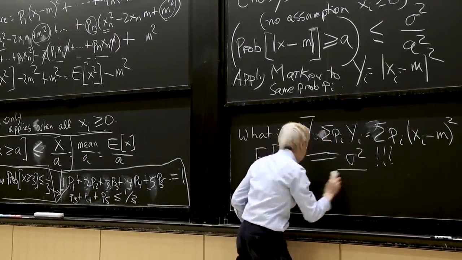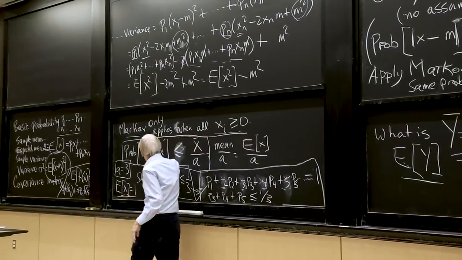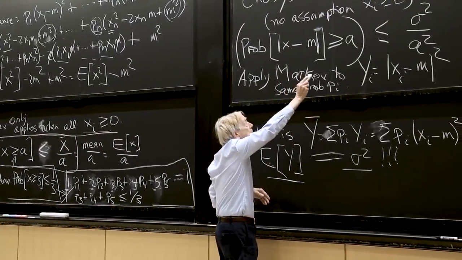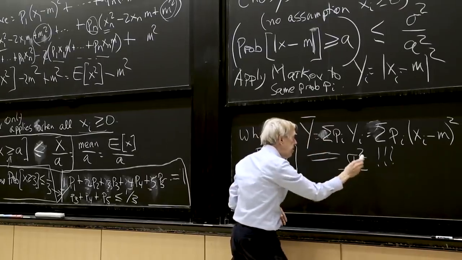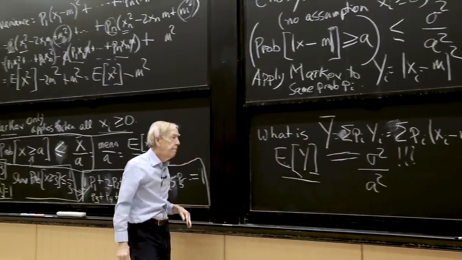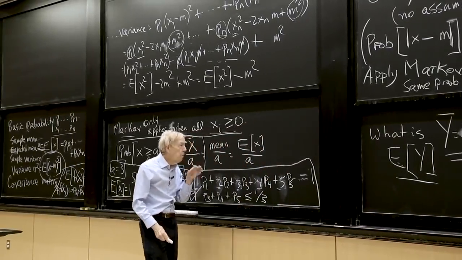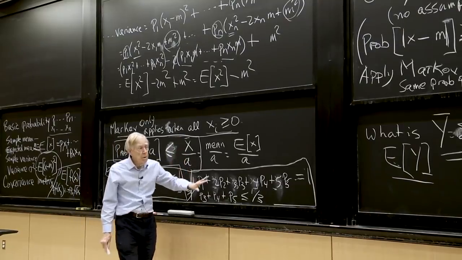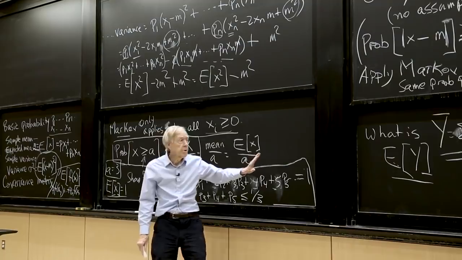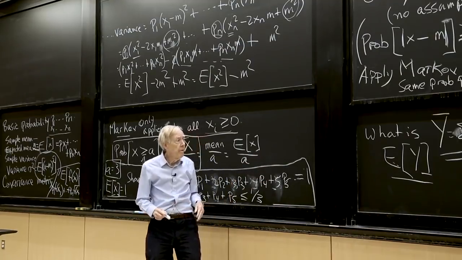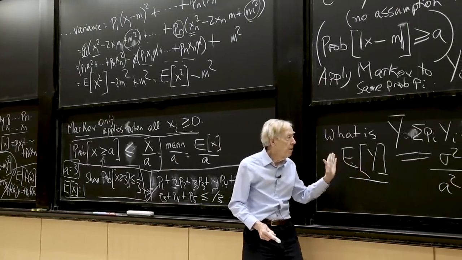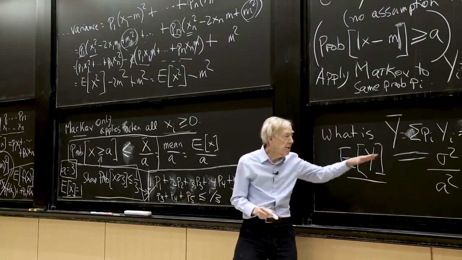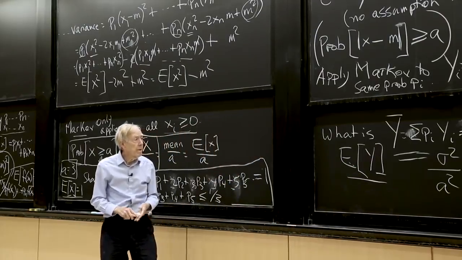So my a for x turns, in this problem, into a squared. So that's Markov applied to y. Here's Markov applied to x, and x had to be greater or equal to 0. Over here, Chebyshev took a y, which was greater or equal to 0, then just applied Markov and recognized that the mean of his variable, x minus m squared, was exactly sigma squared, and it fell out.